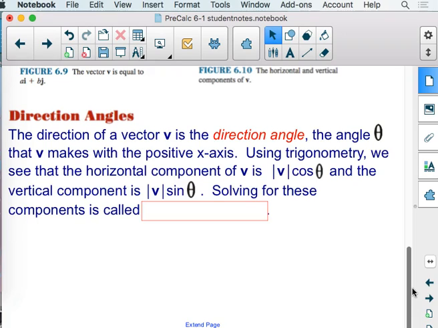Using trigonometry, we see that the horizontal component of v is the magnitude of v, cosine theta, and the vertical component is magnitude of v, sine of theta. Solving for those is called resolving a vector. So if they ask you to resolve a vector, what they're wanting us to do is figure out the components that would make this happen. And that's what we need to do next.